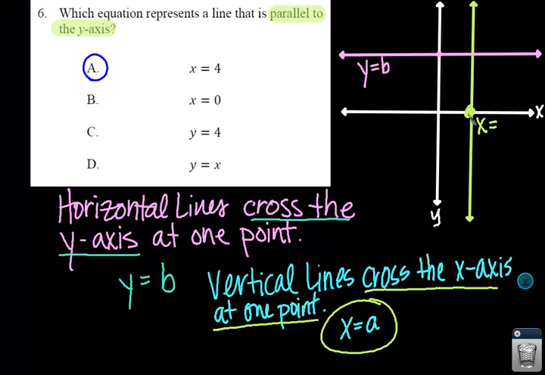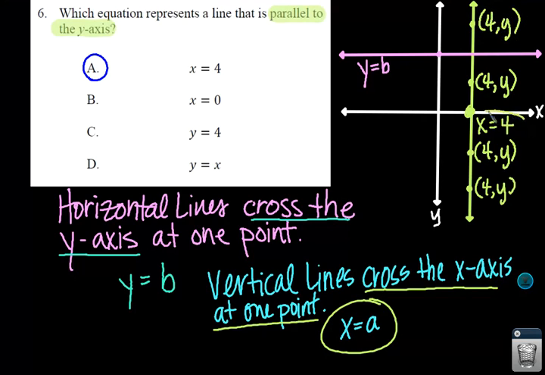And for the given problem, that constant was 4. So I'm going to call that x equals 4. Every single x value along this line has the x value of 4. Every single point along this line has the x value of 4. So that's why its equation is x equals 4, and that is parallel to the y-axis.